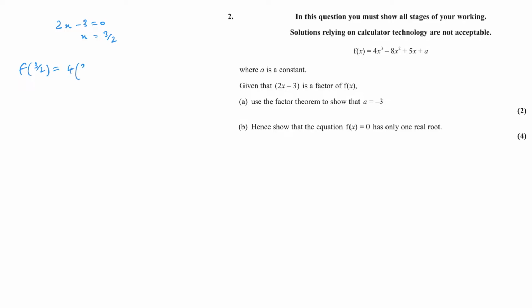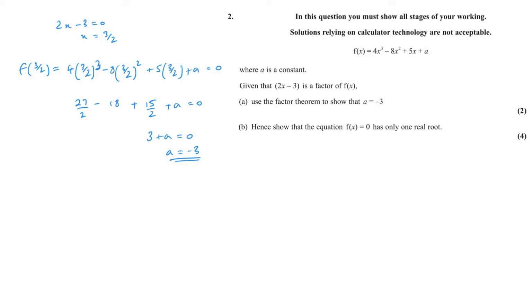So 4 times 3 over 2 cubed minus 8 times 3 over 2 squared, sorry, this is cubed, this one's squared, plus 5 times 3 over 2 plus a equals 0. So that's 27 over 2 minus 18 plus 15 over 2 plus a equals 0. This totals 3, therefore a is minus 3, and that was what we required there.